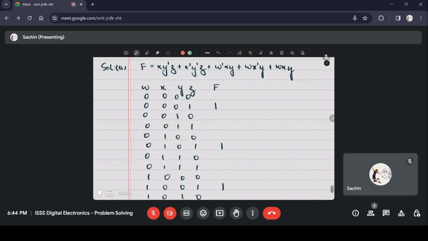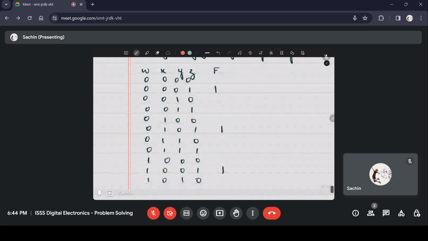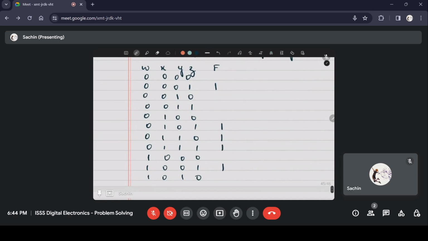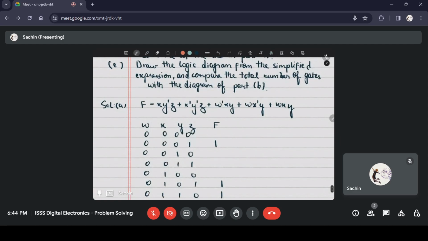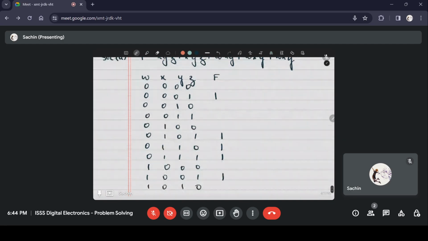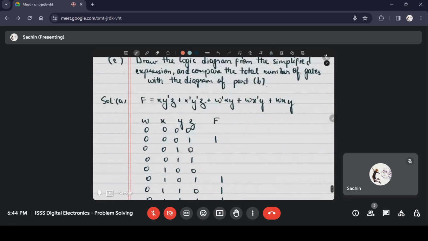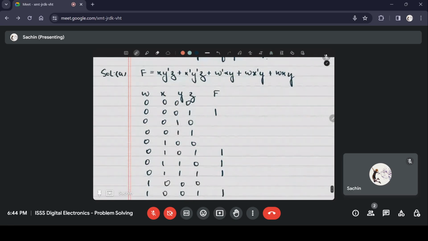Third term is w prime xy. That's if w is 0 and x and y are both 1. So that's this term and this term. Fourth term is w x prime y. So w is 1, x is 0, y is 1. That's this and this. Finally wxy, all three of w, x and y should be 1.